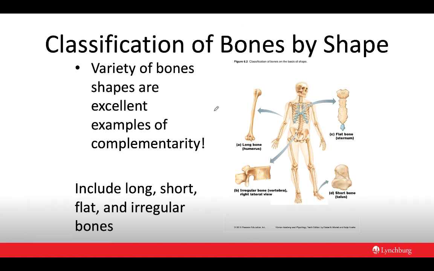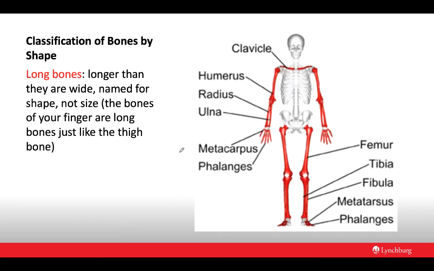Classifications of bones by shape. Bones come in different shapes, and these are very good examples of complementarity, because the function of that bone in that particular area is dependent on how it's shaped. So we see long bones, and long bones are going to be longer than they are wide.